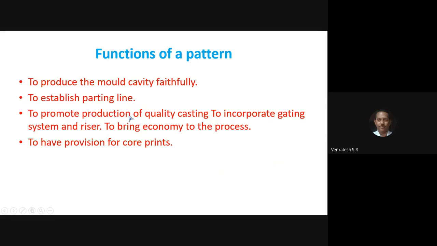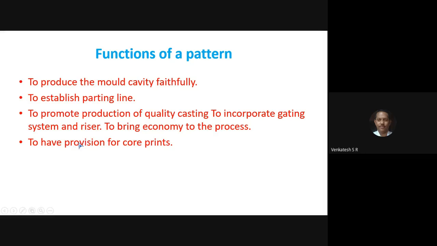Next, promote production of quality casting, to incorporate gating system and riser to bring economy to the process. While keeping the pattern in the mold box, a few allowances and dimensions are required to cut the flow of liquid metal and establish the runner, ingates, and riser.